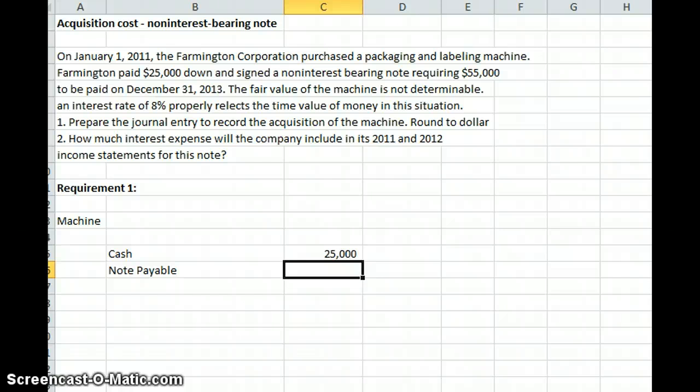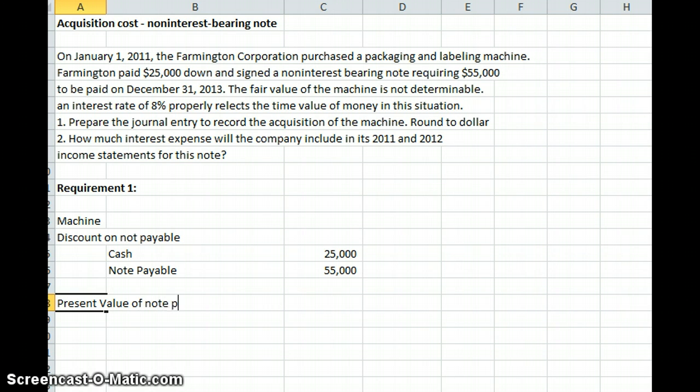We also know that we have a face value of the note of $55,000. So therefore, we've got the value of what we're exchanging. So we're exchanging $80,000. Now we need to determine how much of that is going to be allocated to the machine, and since it's a non-interest bearing note, how much is actually our discount on our note payable. So what we need to do is calculate our present value of our note payment.